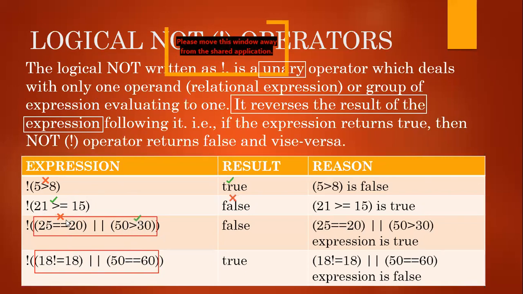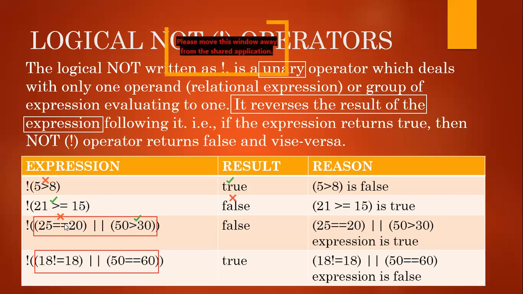So one is false and the other is true. And the operator is OR. We know very well, if one is true and one is false, and there is an OR operator, it will result in true.